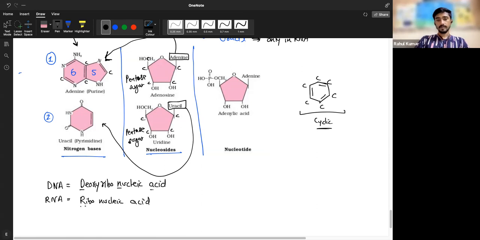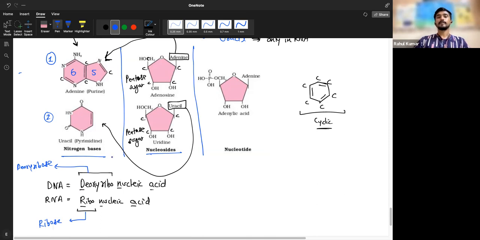Very good. The first part tells you about the sugar. In DNA, the name of the pentose sugar is deoxyribose. And in RNA, the name of the sugar is ribose. Apart from the sugar, the other thing is nucleic acid.